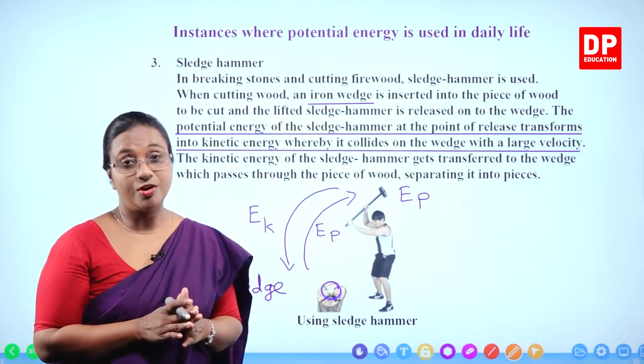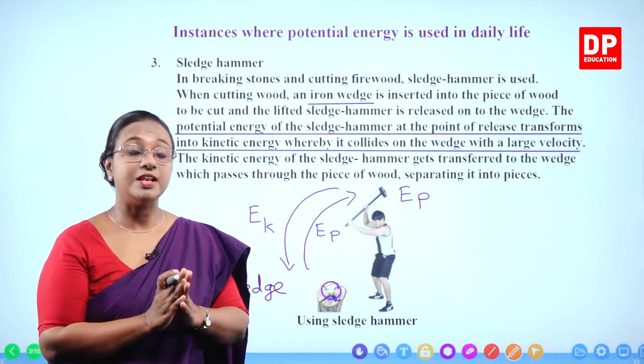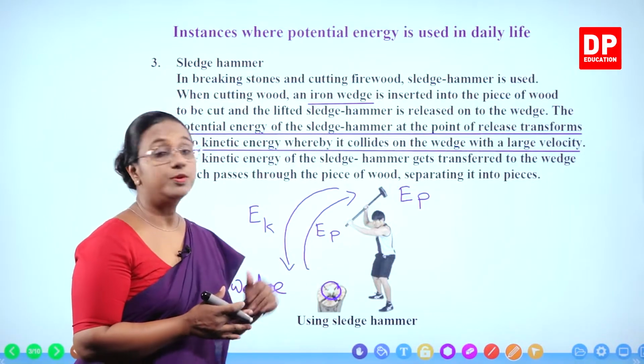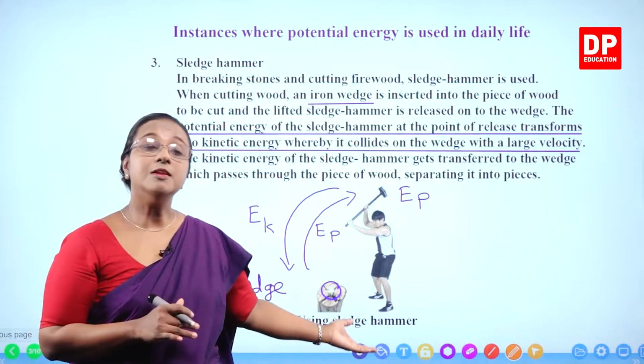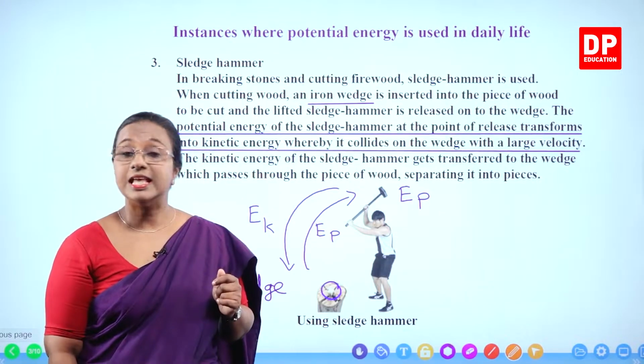Is that clear to you? So again, related to conversion of energy or transformation of energy from one form to the other form. So that is another example for an instance where potential energy is used in daily life.